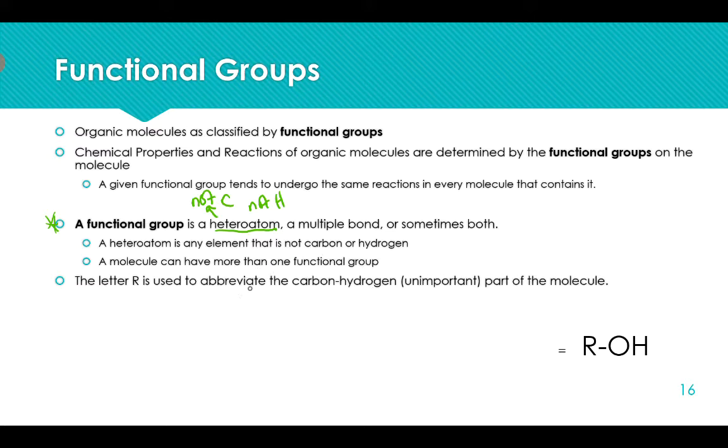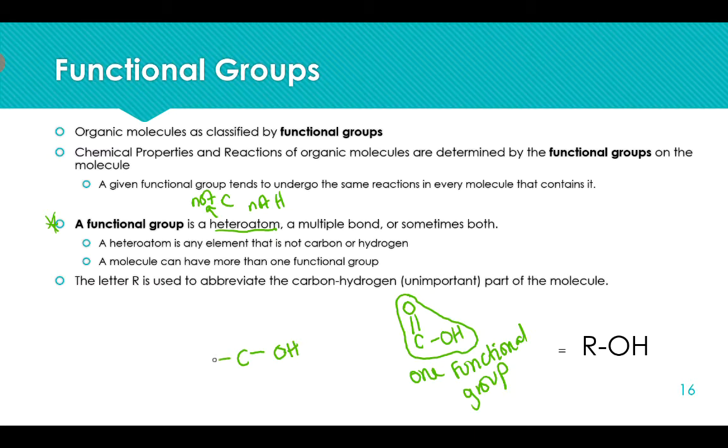When you're trying to find the functional groups on the molecule, sometimes heteroatoms share a carbon. If they're sharing a carbon, they're part of the same functional group. That's one functional group. But if you have this and this, they're not on the same carbon.